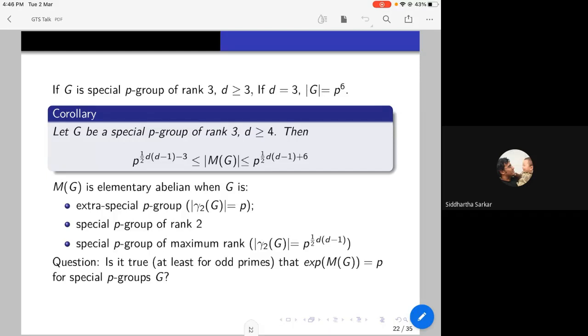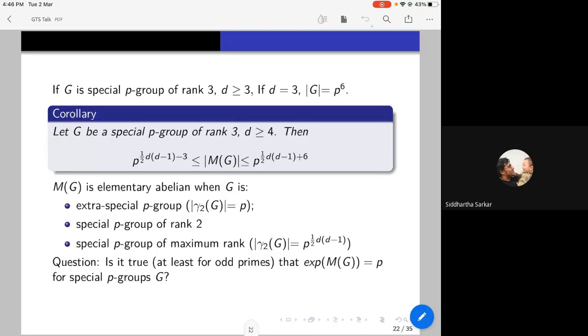Maximum rank in the sense that if the group G is generated by d elements, then |gamma 2(G)| is always less than or equal to p to the power half d(d minus 1). If |gamma 2(G)| equals p to the power half d(d minus 1), that is a special p-group of maximum rank. So in all those three cases, M(G) is always elementary abelian.